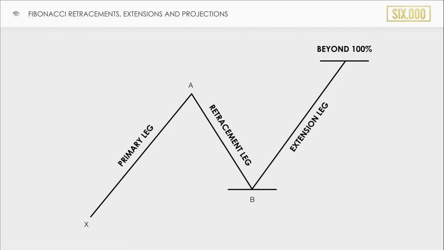A lot of people get this wrong, and it is quite common. So again, I wouldn't say there's a right or wrong way to do it. This is just how we do it. We have retracements, projections, and extensions. Very, very simple. Some people refer to projections as extensions and an extension as a trend-based extension. Okay, there's no right or wrong way to do it, but just keep that in mind.